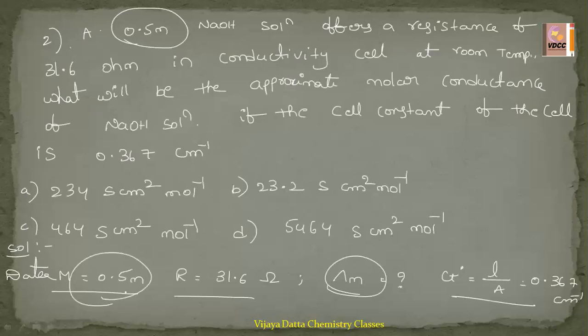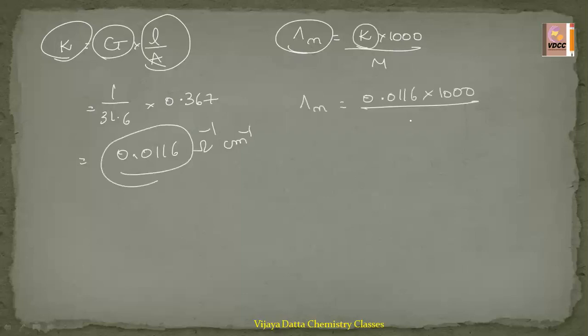If you calculate that, you will get the answer 23.2 ohm inverse centimeter square mole inverse. This 1000 is in centimeter cube, so we already know its units. If you substitute all those units, we will get this.